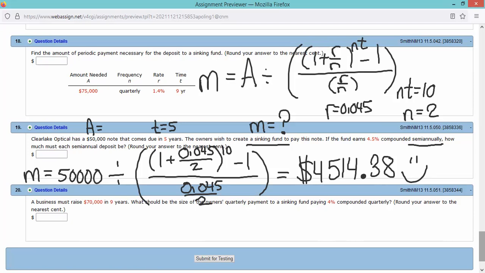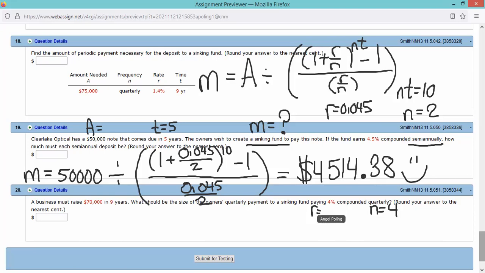Okay, our last problem. A business must raise 70,000 in 9 years. What should the size of the owner's quarterly payment be to a sinking fund paying 4% compounded quarterly? What should that be? Okay, quarterly means we have a frequency of 4 times a year.